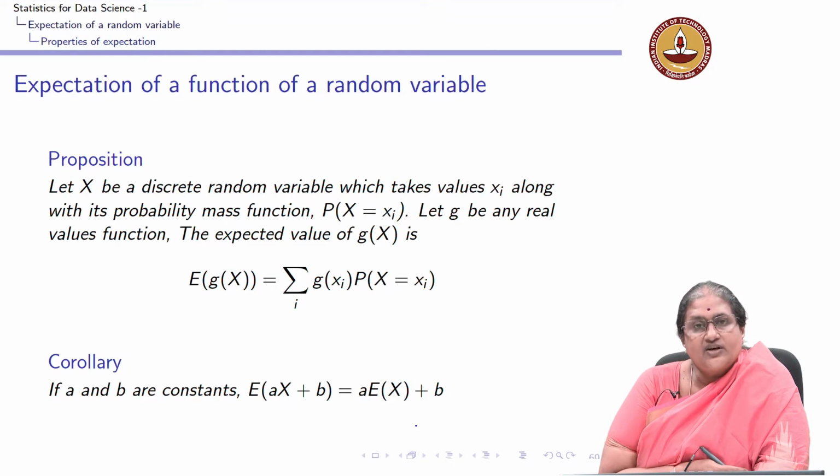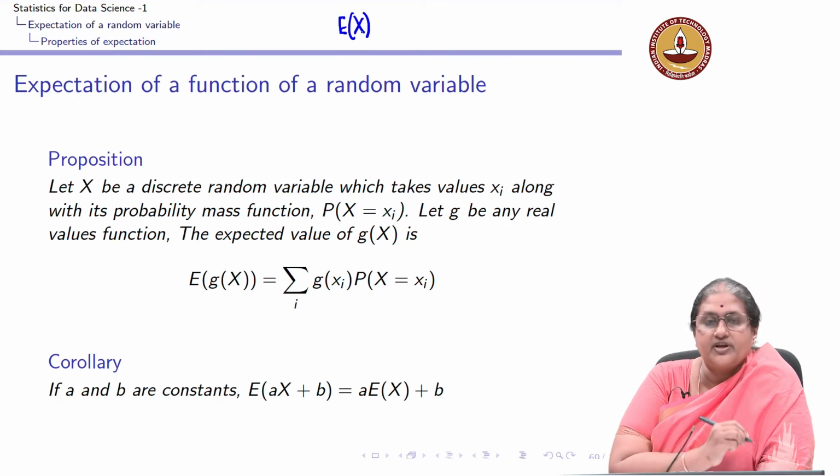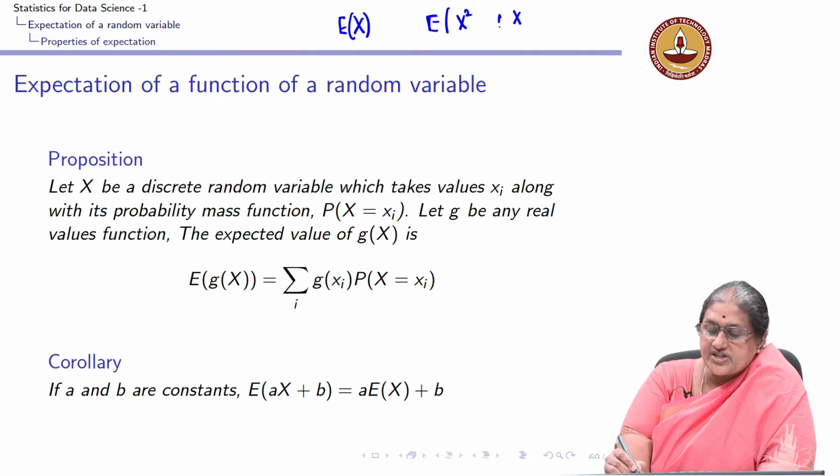I am interested in knowing about, I have a random variable x, and I have defined the expectation of a random variable x. Now, suppose I am interested in knowing about the expectation of, say, x square, or the expectation of 3x, or the expectation of 3x square.